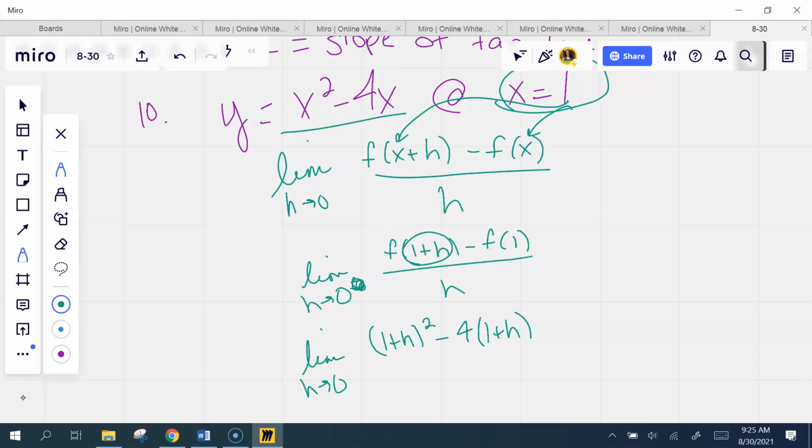Oh, you do. They test you on difference quotient for sure. I'm just going to do this over here. f of 1 is 1 squared minus 4 times 1. f of 1 is plugging 1 into this.